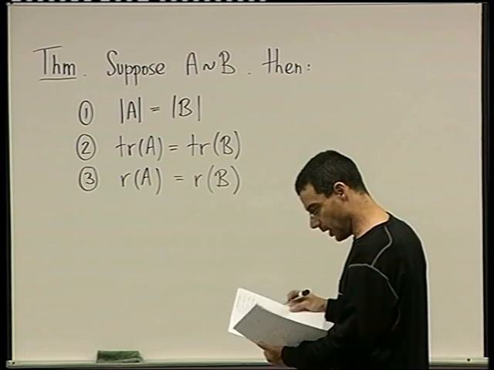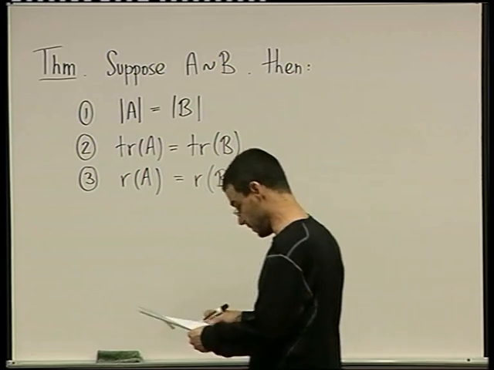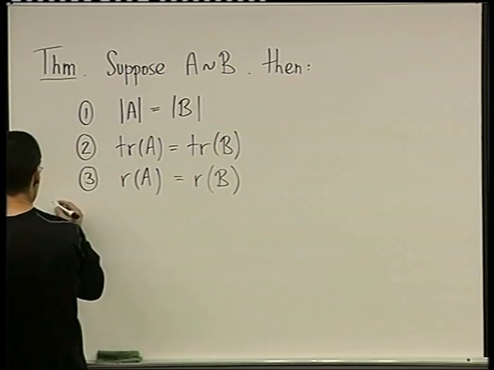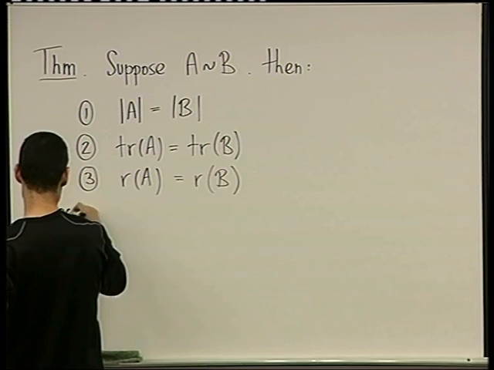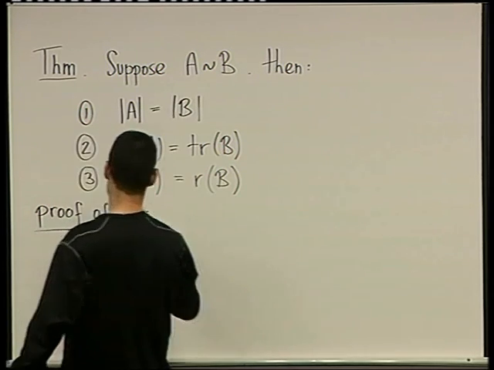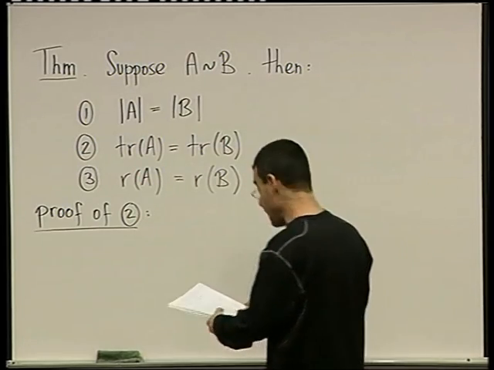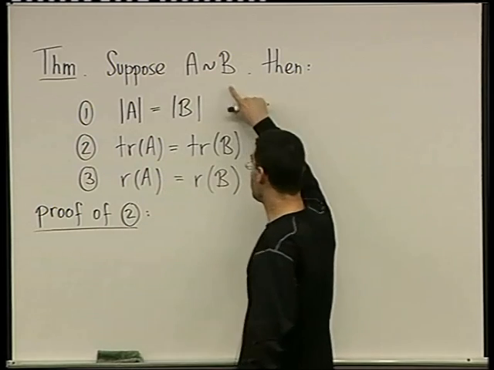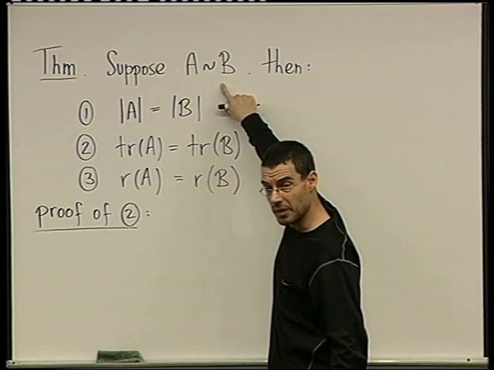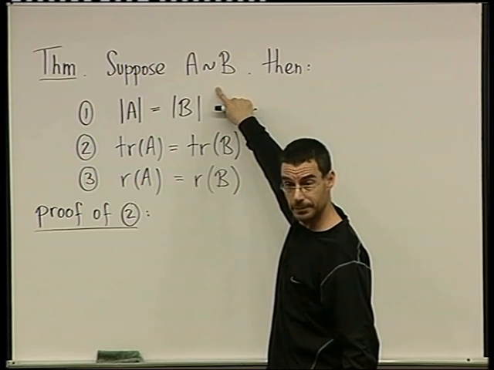So let's start with proving the one about the trace, because that's the one we just discussed. So proof of 2. So I want to show that the trace of A and the trace of B are the same. And I'm going to resort to the definition of similarity via an invertible matrix P. Okay?